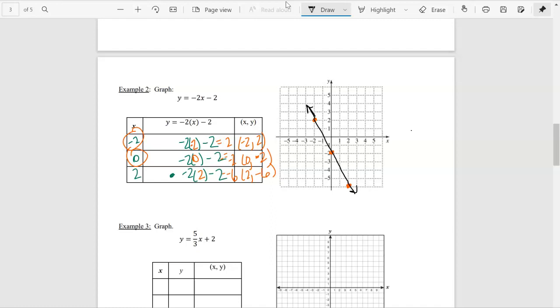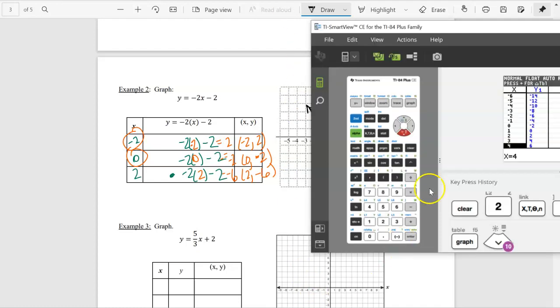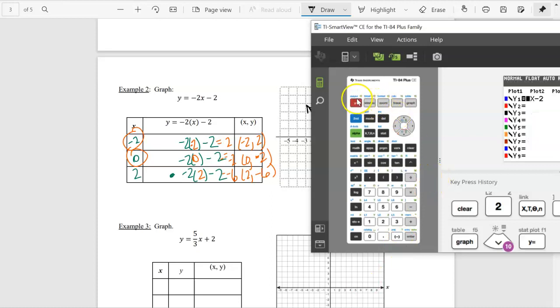Okay, and then we could also check it on our graphing calculator to make sure these points -2, 2, 0, -2, and 2, -6 are actually on the graph. So I'm going to go to y equals. I'm going to clear out the equation. This time it is -2x, and x is the button right beside the alpha button. And we want to do second graph.